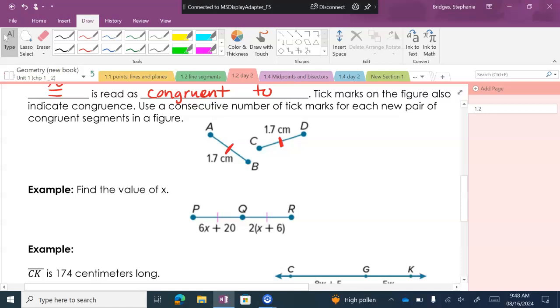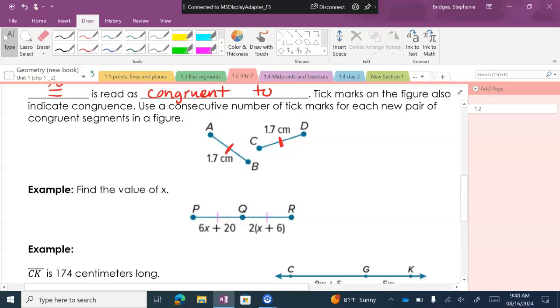What's my big segment called in that picture from end to end? PR, okay? And then what is between? Q. Well, in this case, Q happens to be directly in the middle because do you notice those little tick marks on either of the smaller segments? That means that those smaller segments are congruent.